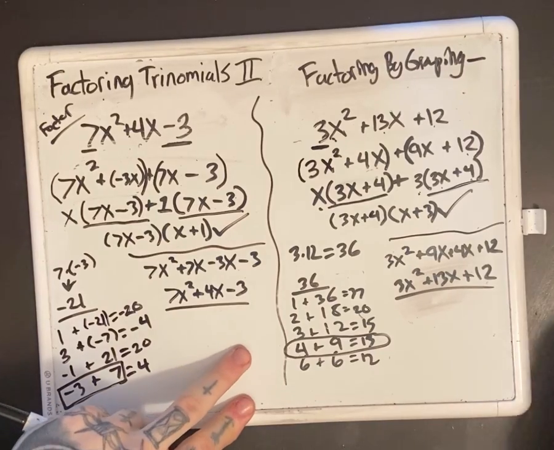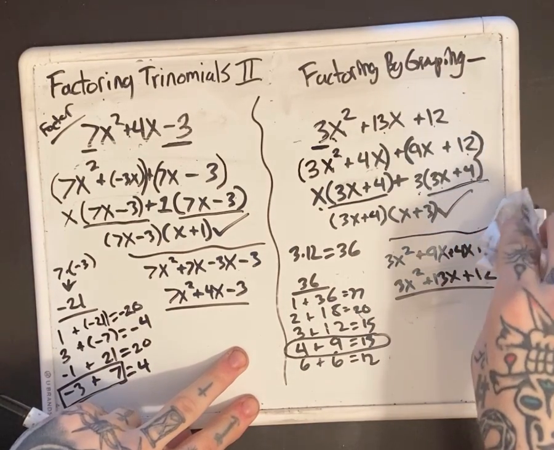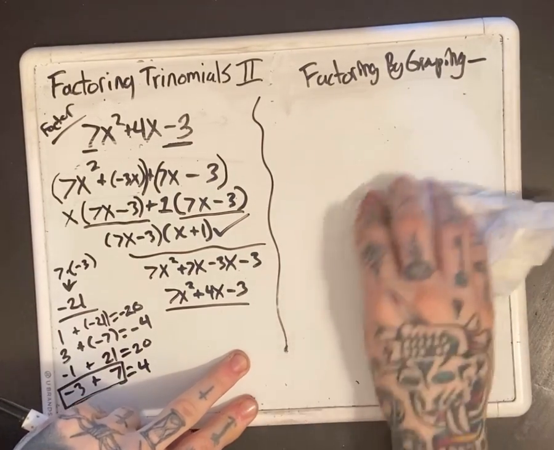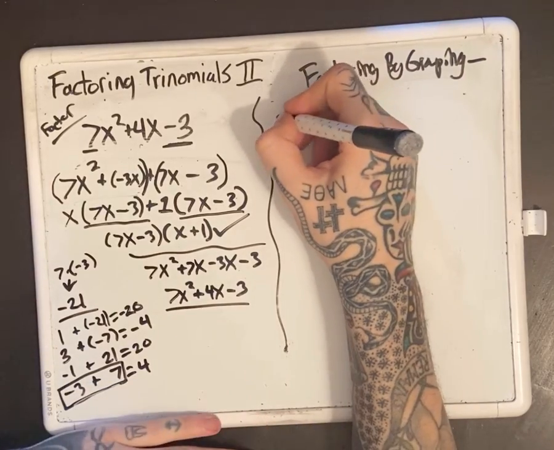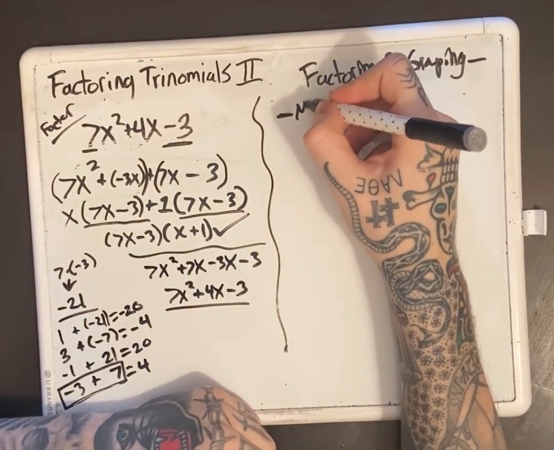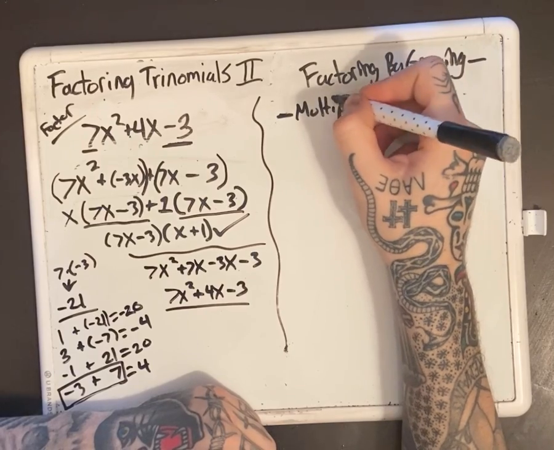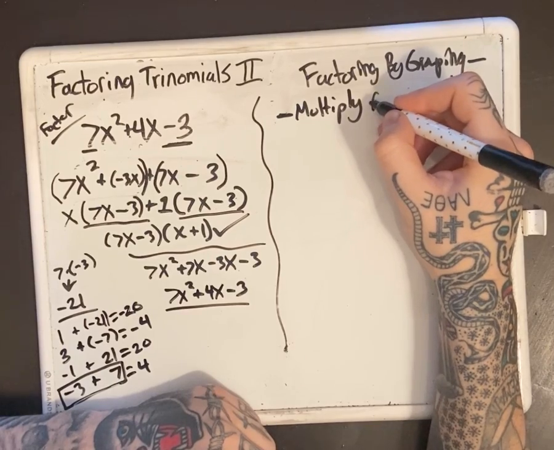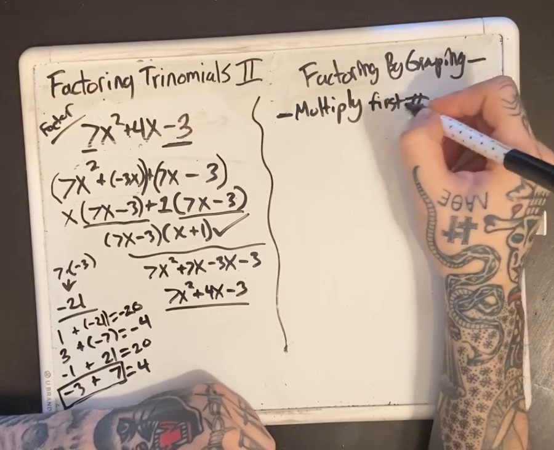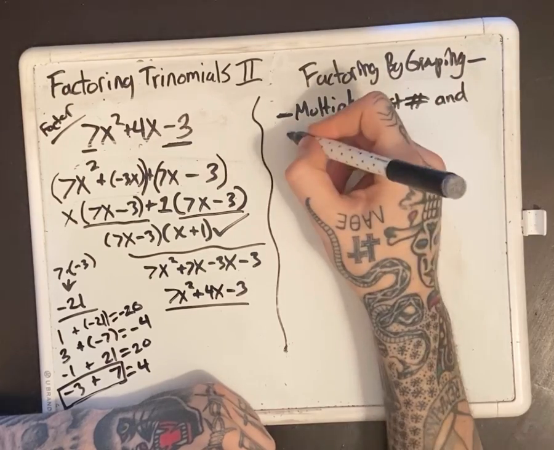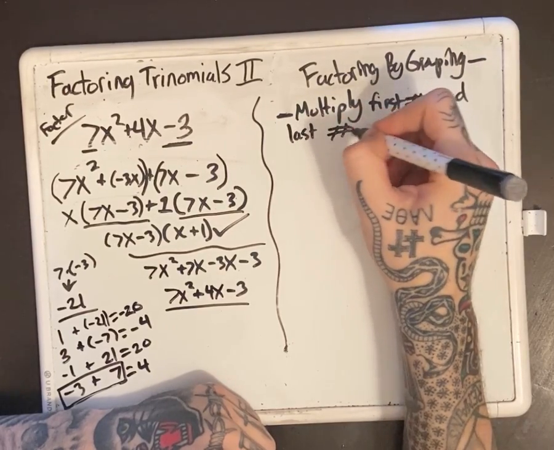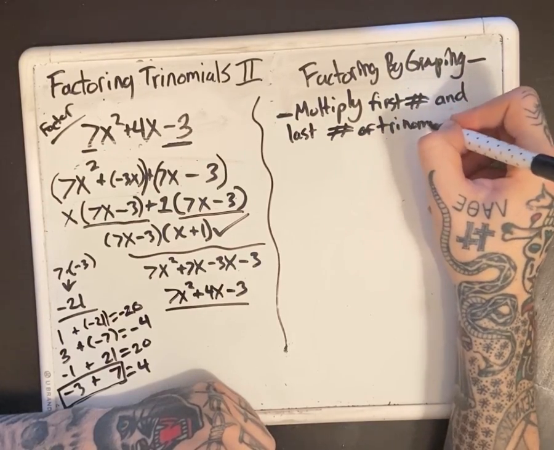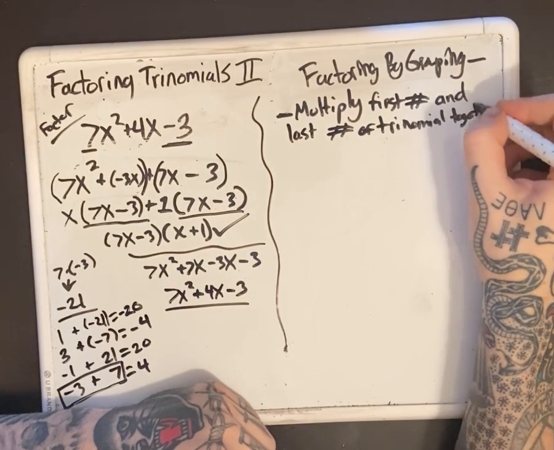It's a little more complicated than the guessing and checking way, but let me come up with a list of procedural rules. So 1, multiply the first number and last number of the trinomial together.